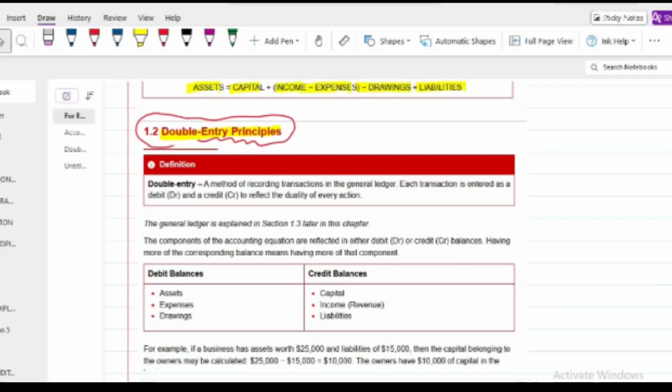Okay, guys, we have already done the accounting equation, and today we'll discuss the double entry principle.